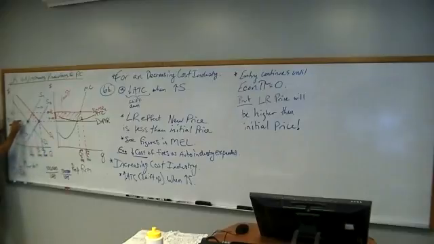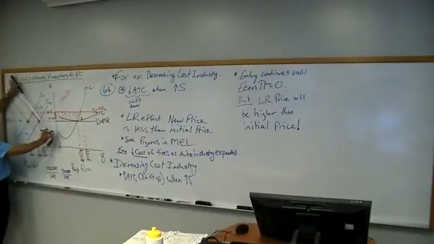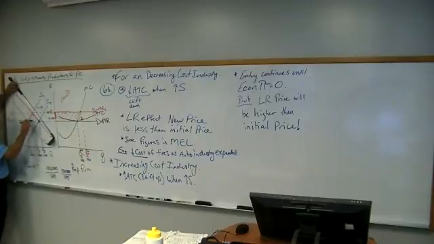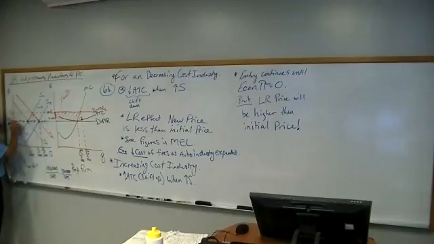And so whether we did a demand curve shift out to here, here, here, here, here, here, here, we always end up back to where we started in a constant cost industry. And so this is also called the long-run supply curve. The long-run supply curve is perfectly elastic in a constant cost industry.